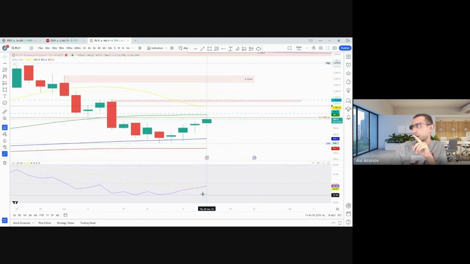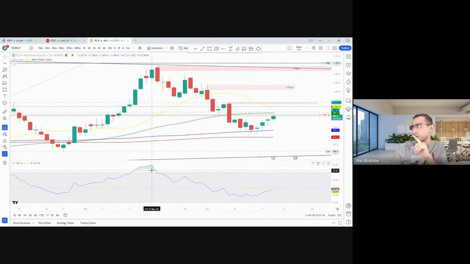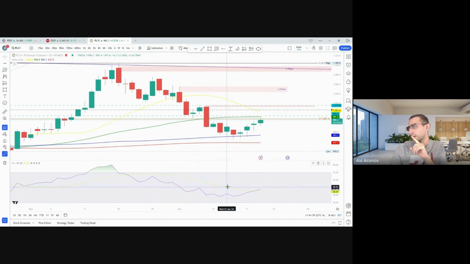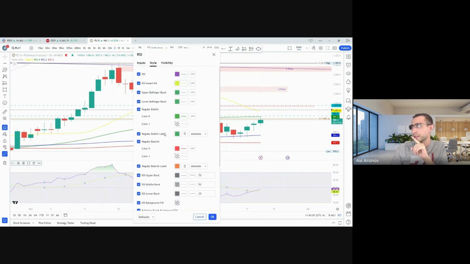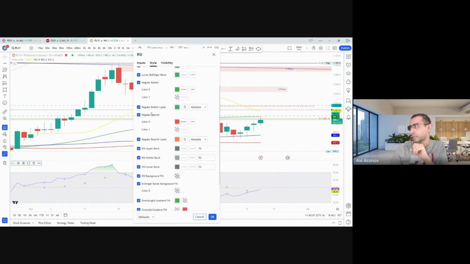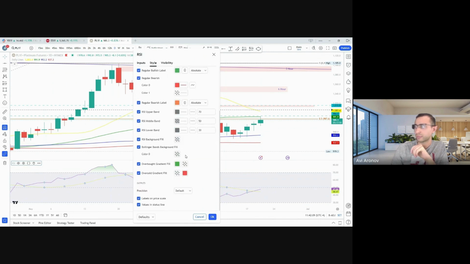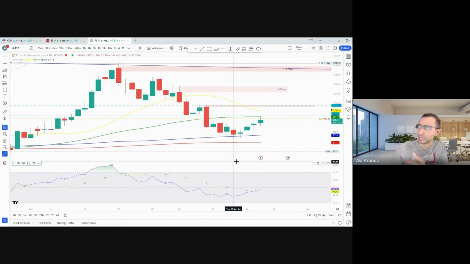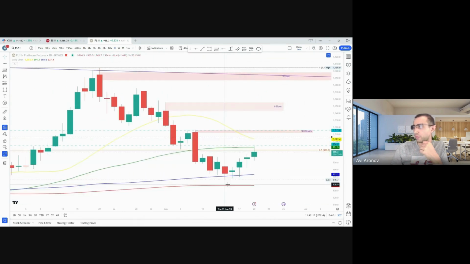And then we have the RSI. So here, overbought. And as I mentioned before, I'm not too familiar with the RSI, but I will get myself familiar with it to make sure that I provide you more information of value to that.